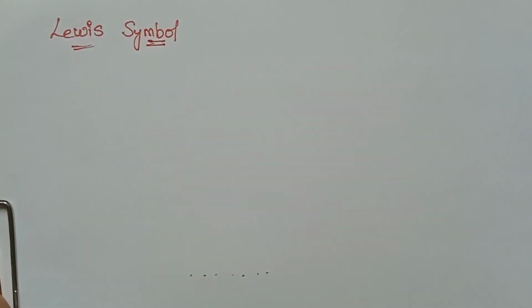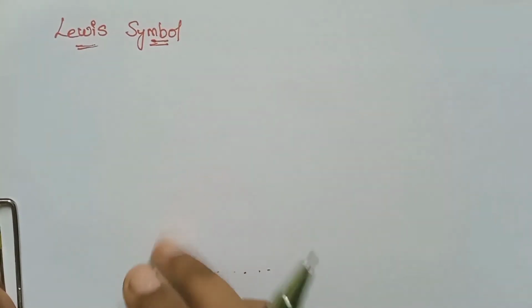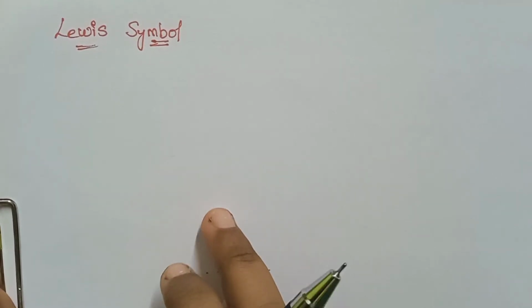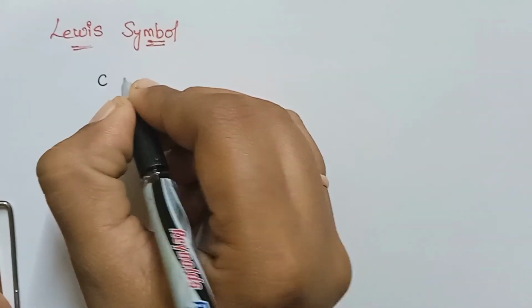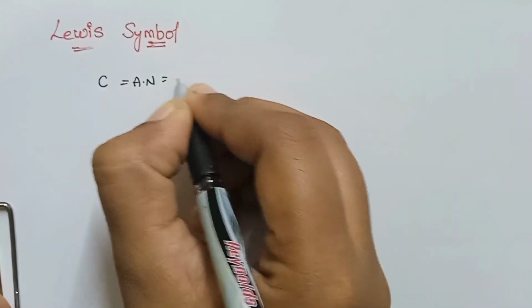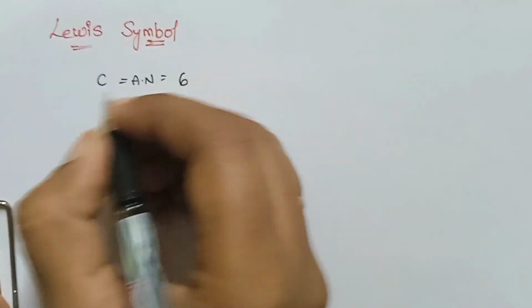What is Lewis symbol? Representation of outer electrons of an atom in the form of dot or cross. For example, carbon. Atomic number 6.